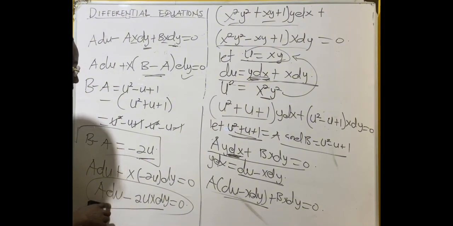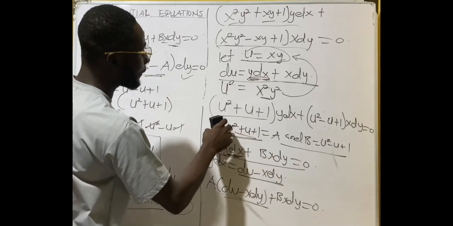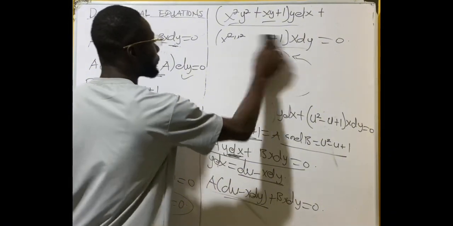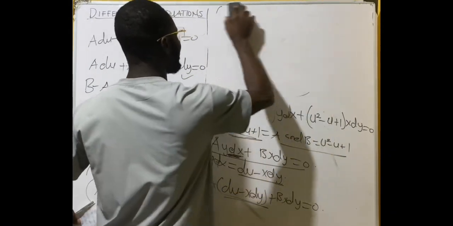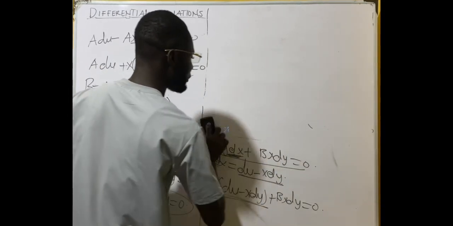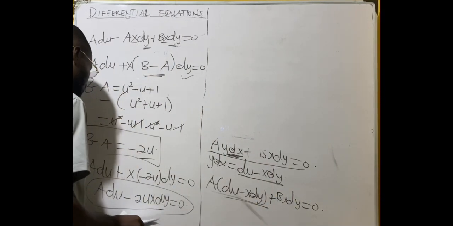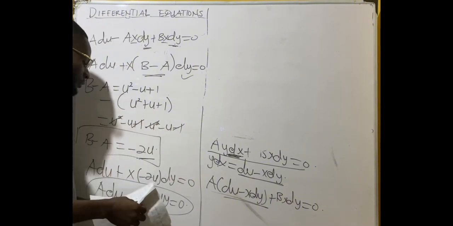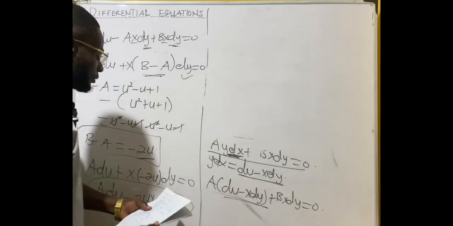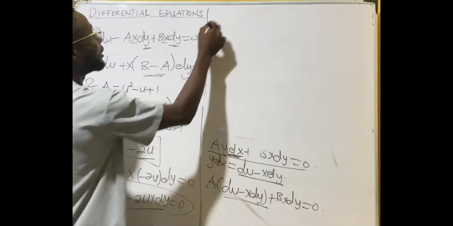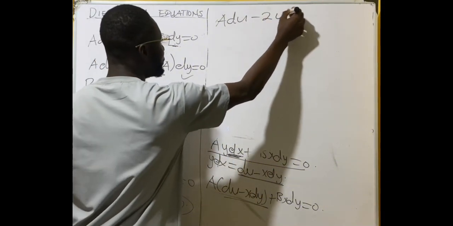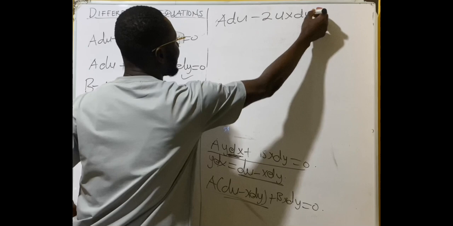So let's come up here. Okay, so we have a du minus 2ux dy equals 0.